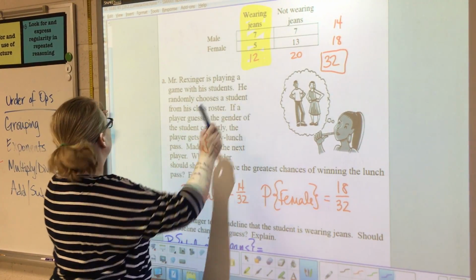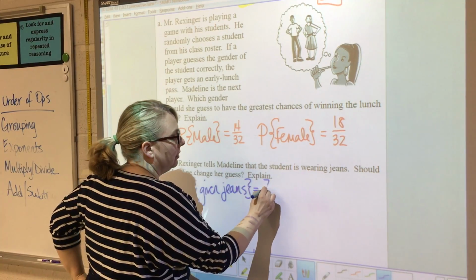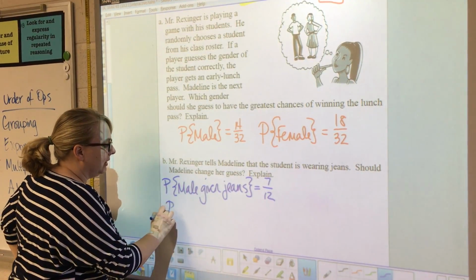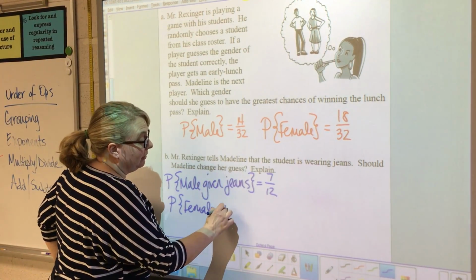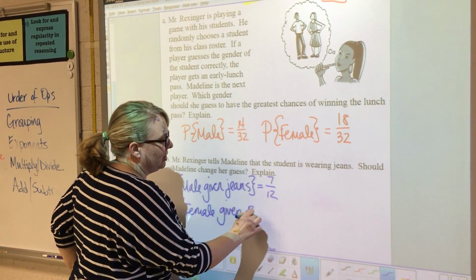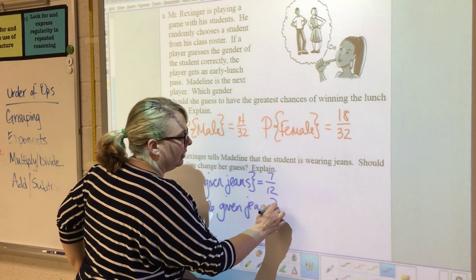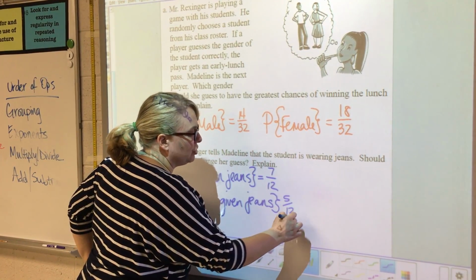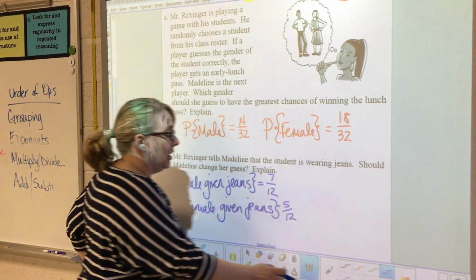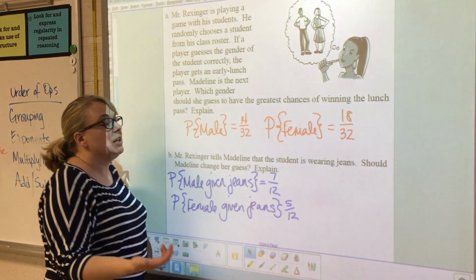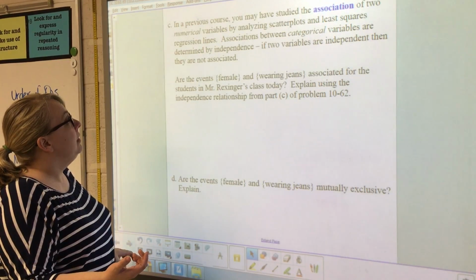So male wearing jeans is 7 out of 12, and the probability of female given you know they're wearing jeans, that's going to be 5 out of 12. So should she change her guess? Yes, now it's a higher probability that it's a male, knowing that the person he's going to choose wears jeans.